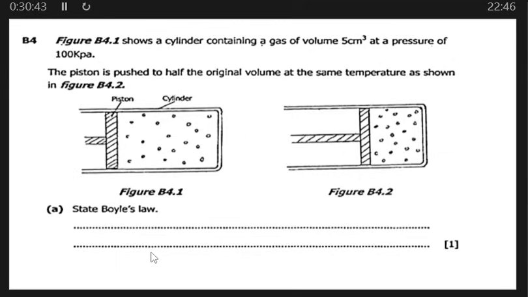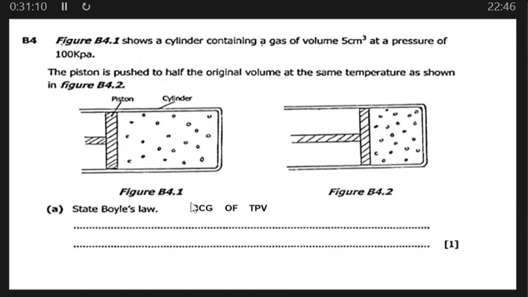There's a simple way of memorizing this. Boyle's law, Charles' law, Gay-Lussac's law: it's BCG, where B is Boyle's law, C is Charles' law, G is Gay-Lussac's law. And then another memorization is TPV.